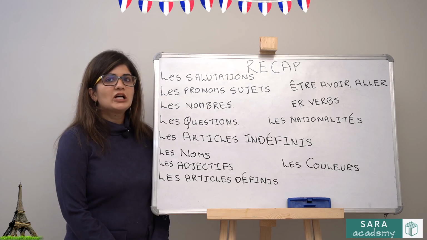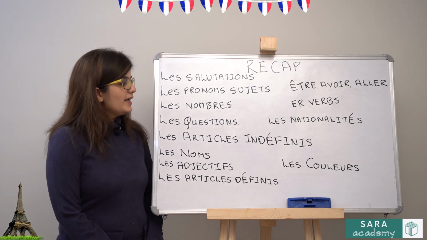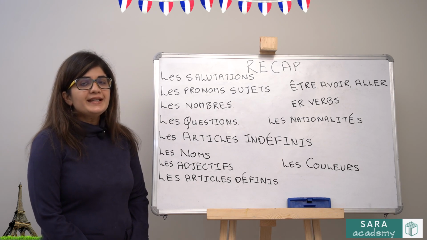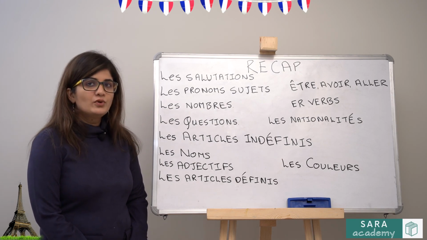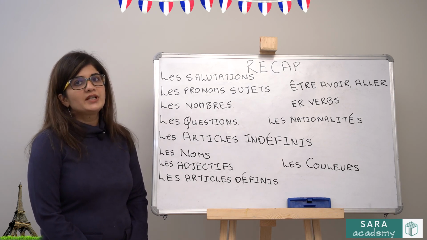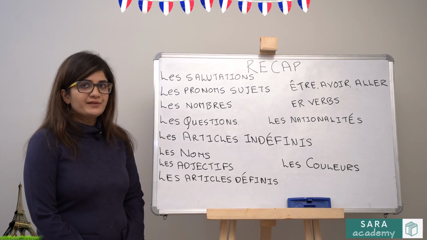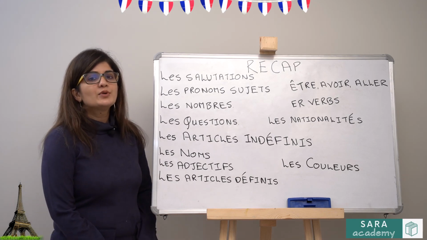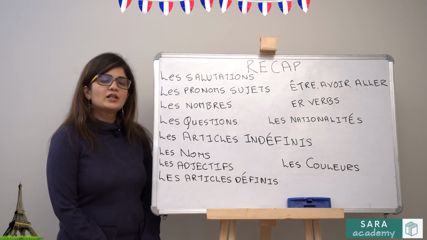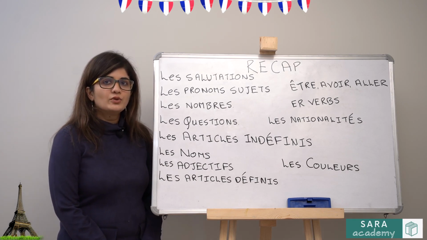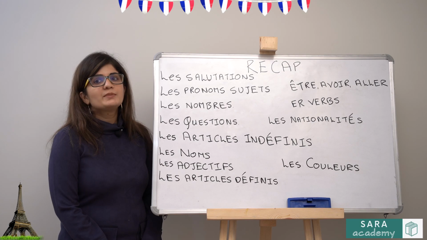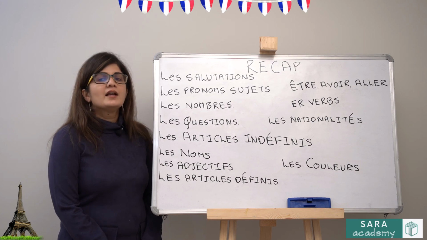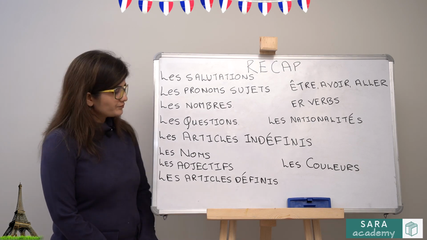You will not add another S to it. Nouns which end in EAU or EU take an X in the plural and not an S. So we did a few examples like le drapeau, l'oiseau, le gâteau, which end with EAU. So the plural of these nouns will become EAUX and not an S.